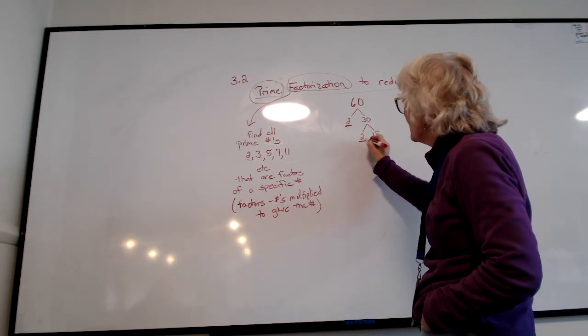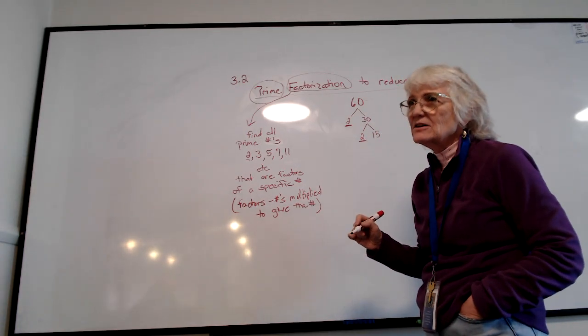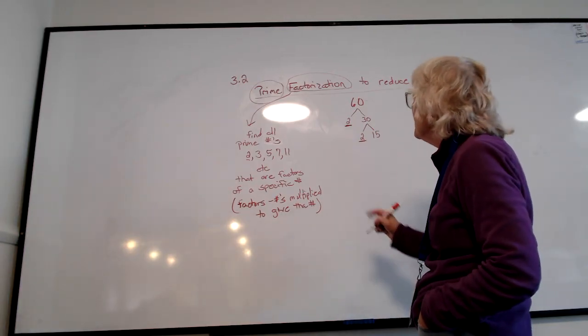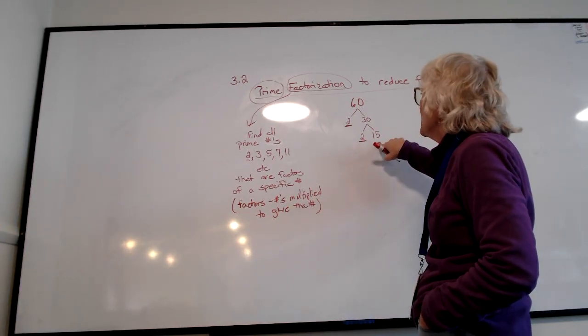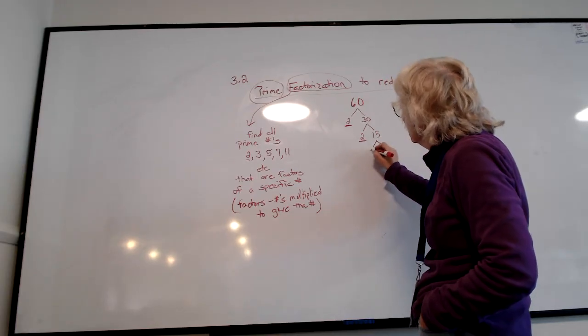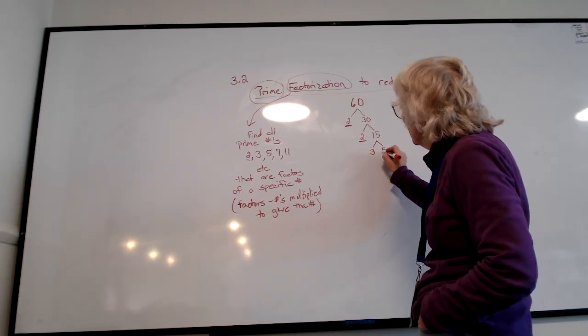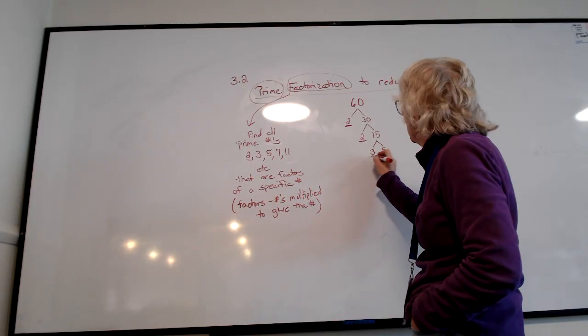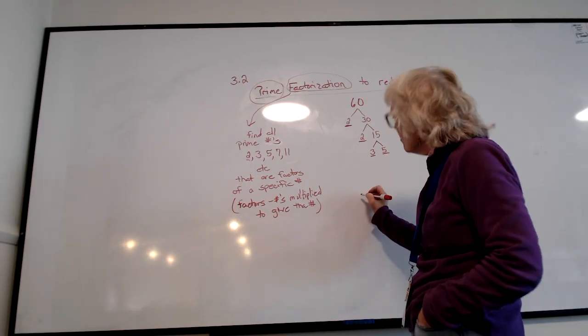Again, that stops as a prime because 2 is prime, but 15 is not prime because it divides into 3 times 5. Well, we check, yes, 3 and 5 are both prime.